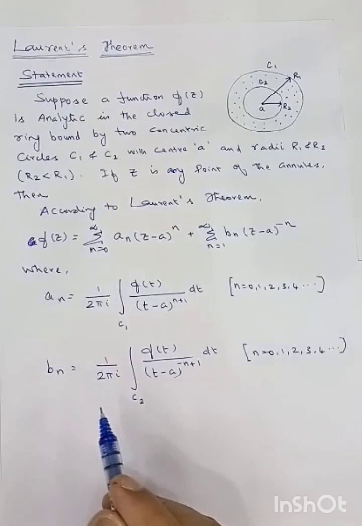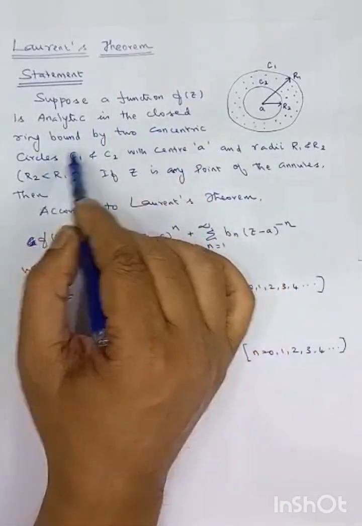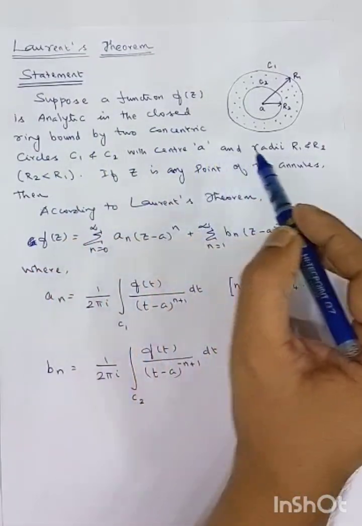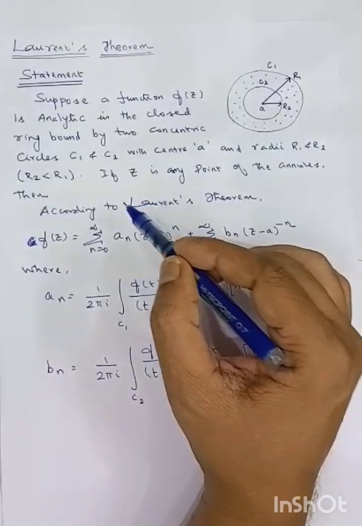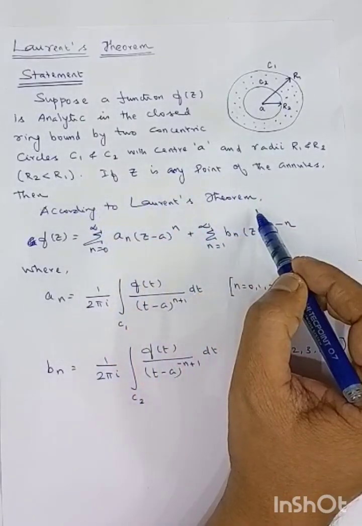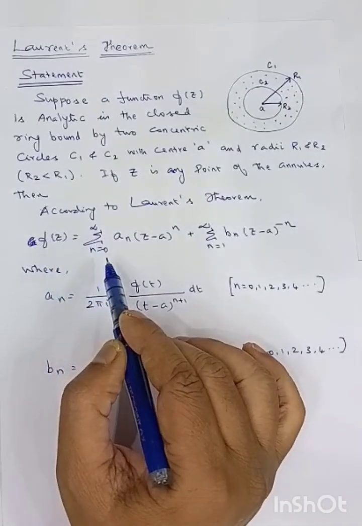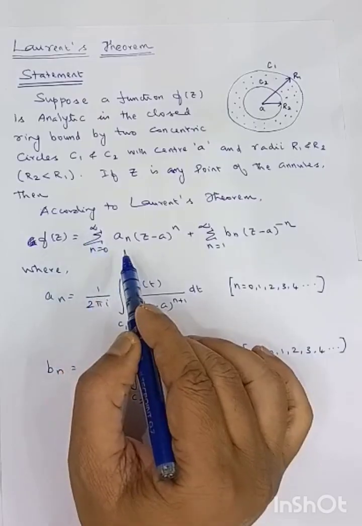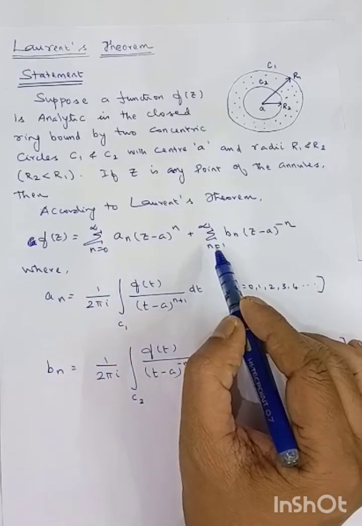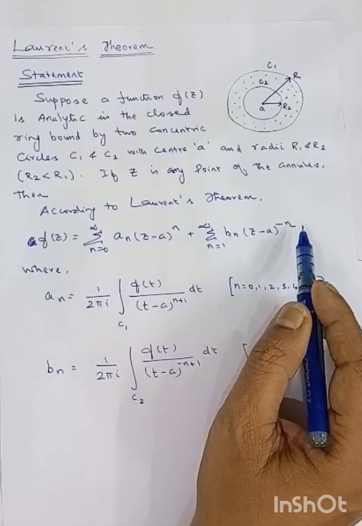So, the Laurent theorem statement is: suppose a function f of z is analytic in the closed ring bound by two concentric circles C1 and C2 with center A and radii R1 and R2, then if z is any point of the annulus, according to Laurent's theorem, the function f of z will be equal to summation of n is equal to 0 to infinity a n (z minus a) whole power n, plus summation of n is equal to 1 to infinity b n (z minus a) whole power minus n.